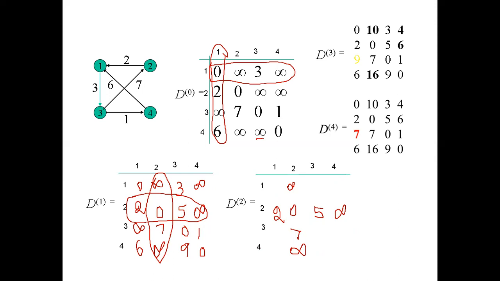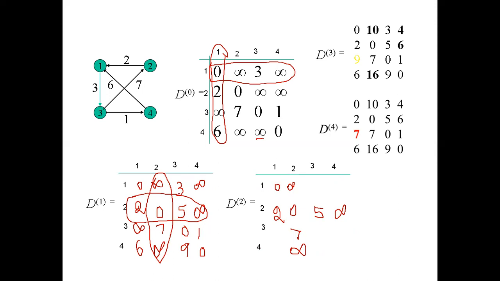What is this 0? The corresponding second row, second column value for this element is 2, and then infinity. The sum of those two elements is equal to infinity. Compare infinity and 0. 0 is minimum, so we are writing 0 here.